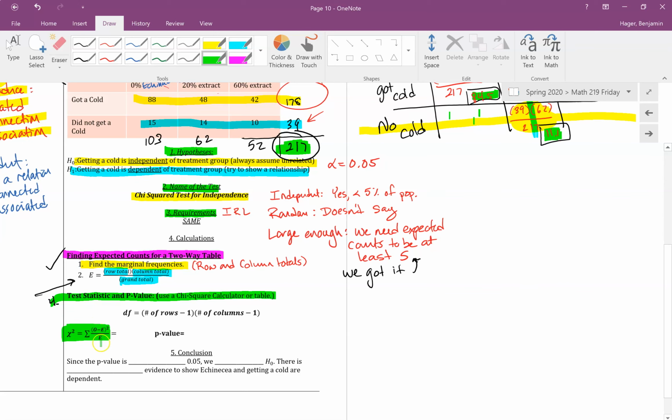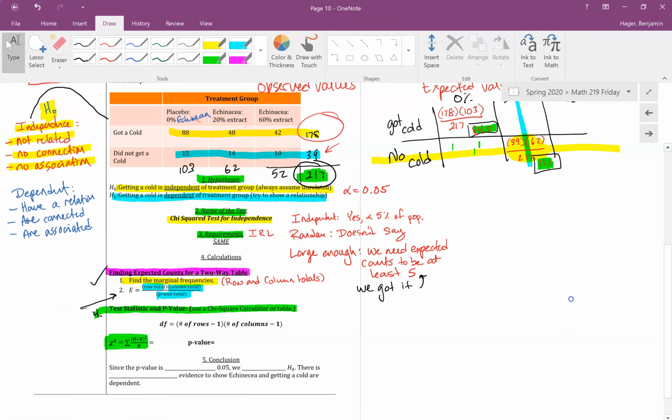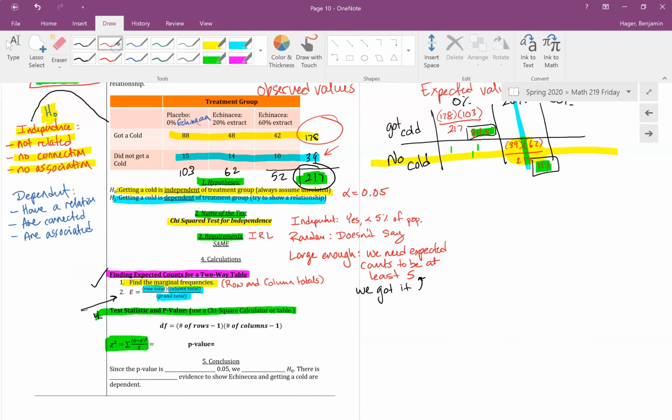You square it, you divide by what you expect, and that's one contribution. So I need to find the contribution for this box, getting a cold and no echinacea, this box, getting a cold and 20% echinacea, and so forth. I will have 6 contributions that I need to add together to get chi-squared.